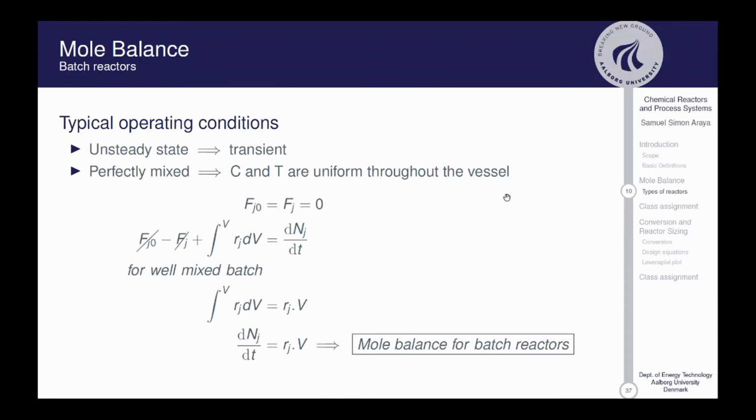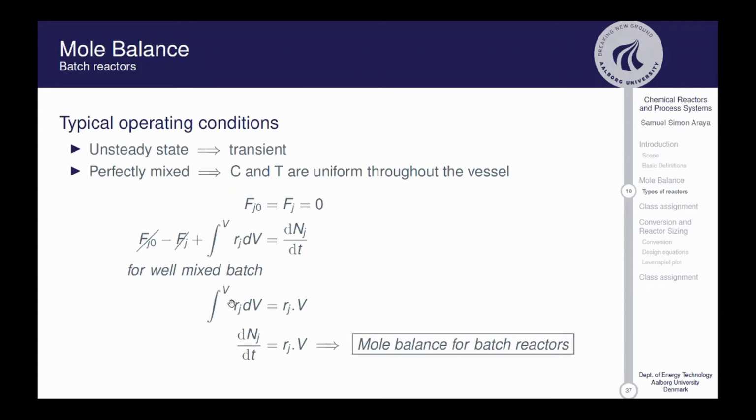So in this case, our generic mole balance equation, we can just simplify it to basically remove the molar flow into the reactor and molar flow out of the reactor, and we just consider the main part, which is basically what happens inside the reactor, basically the generation part and the accumulation part. So the rate of reaction times the volume is equal to basically the accumulation. So those are the two things that are happening in such a reactor.